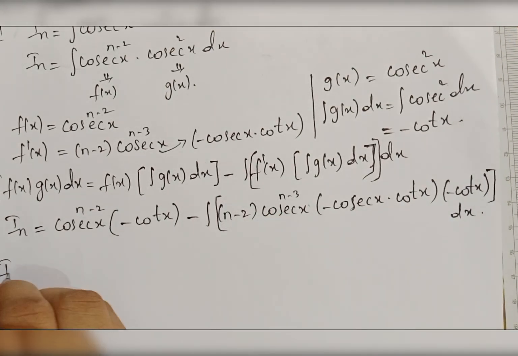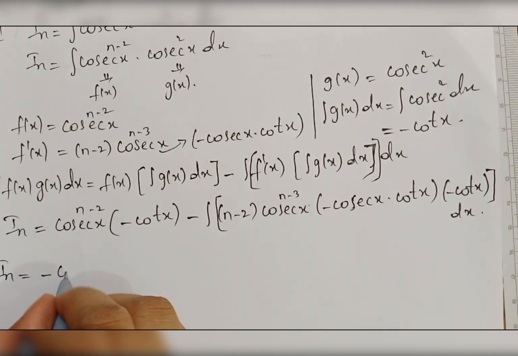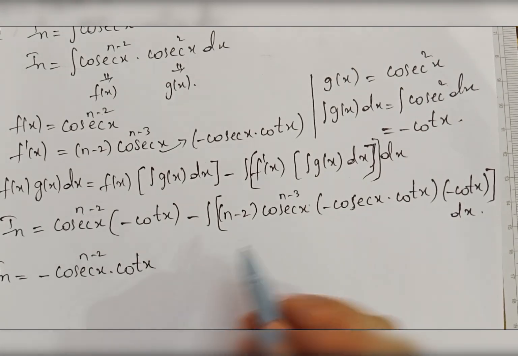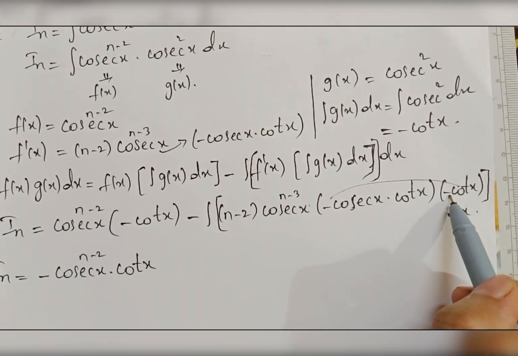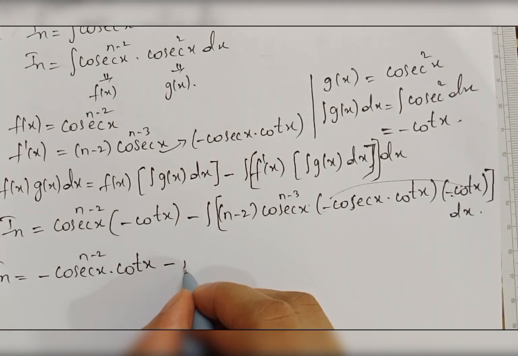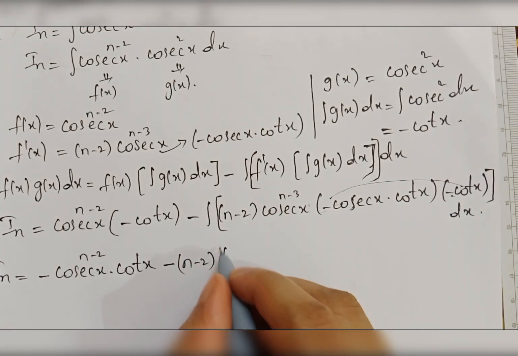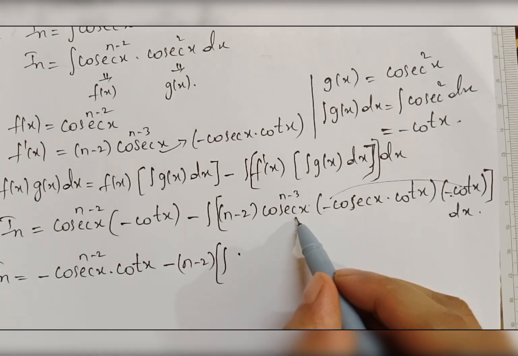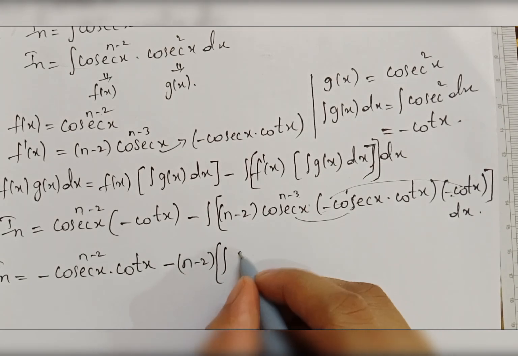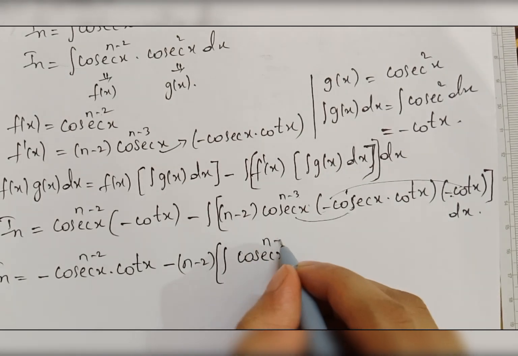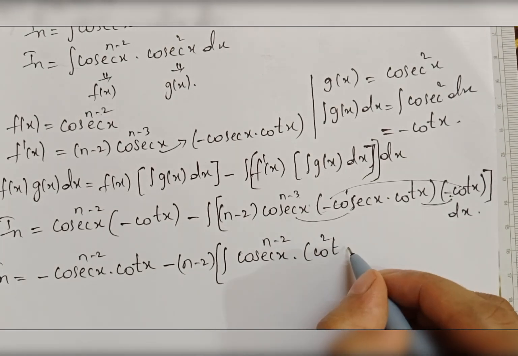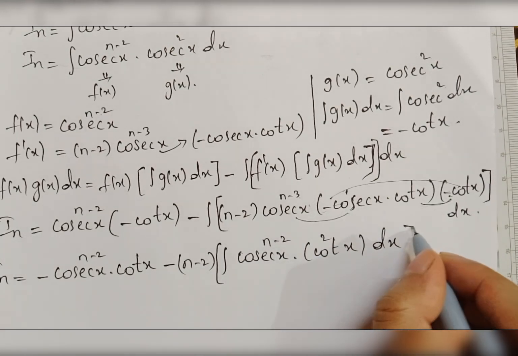Okay, so I_n is equal to minus cosecant x power n minus 2 into cot x. Here minus into minus becomes plus, then this plus into minus is minus, so this will be minus only, and n minus 2 is outside. Integral cosecant, the bases are equal, if I add the powers, minus 3 plus 1 will be minus 2, so I'll get cosecant x power n minus 2 into cot square x dx.